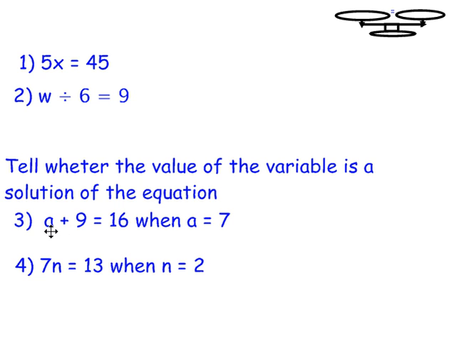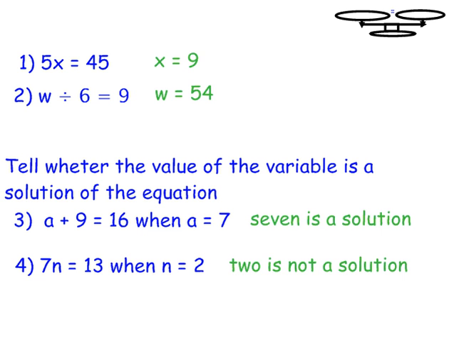The first problem is a plus 9 is equal to 16 when a is equal to 7. You're going to put down if it's a solution or if it's not a solution for 3 and 4. I'll put up the solutions in just a second. Here are the answers. How did you do?